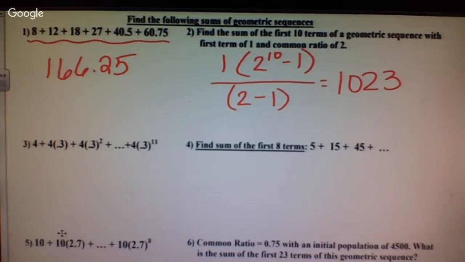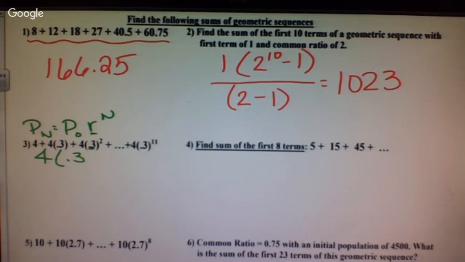Number 3. What's my first term? 4. What's my R value? When they write this out, they're using P sub n equals P sub 0 times 0.3 raised to the n. So yes, your R value is 0.3.